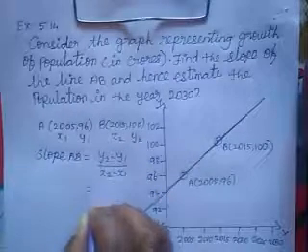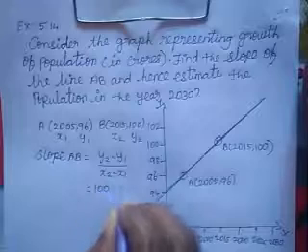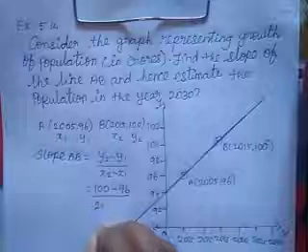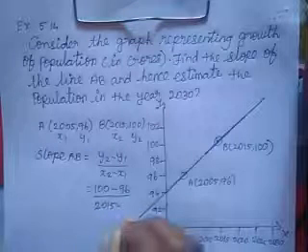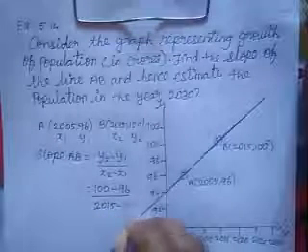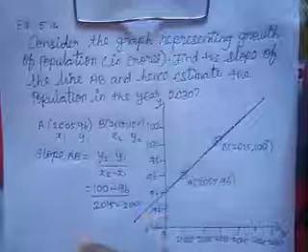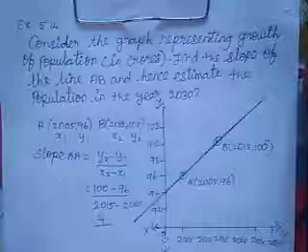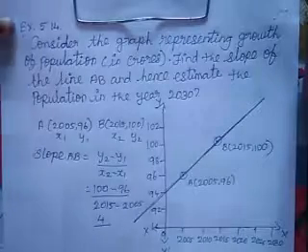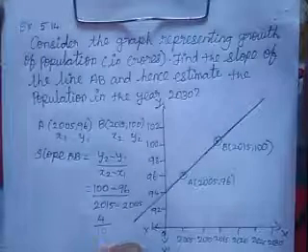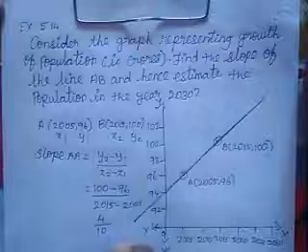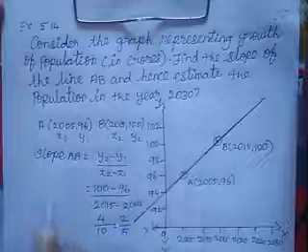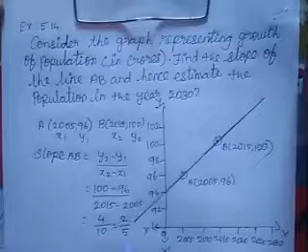Here y2 is 100, y1 is 96, by x2 is 2015 minus x1 is 2005. So 100 minus 96 is 4 by 2015 minus 2005 is 10. Simplify the fraction: 2 2s are 4, 5 2s are 10. The slope of AB is equal to 2 by 5.